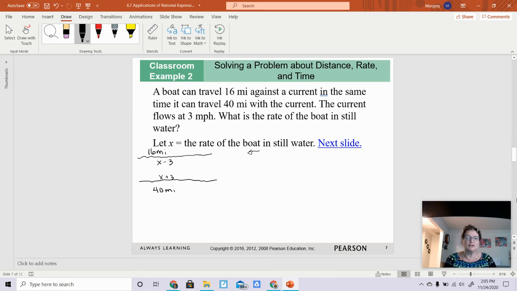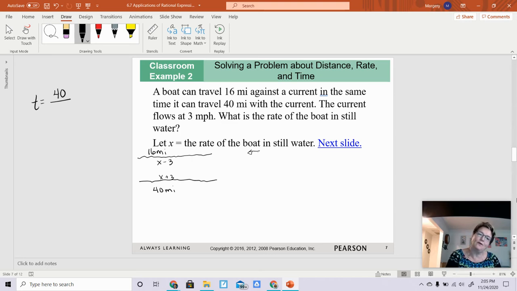So now we're going to find the time it takes to travel with the current and then against the current. So let's go ahead and work that out. I'll just do it over here. T equals distance over rate.